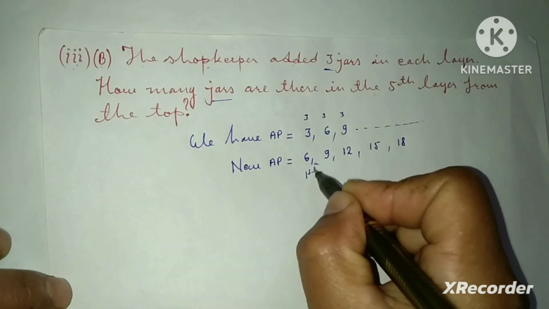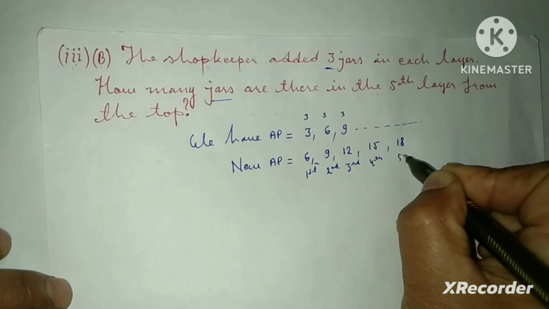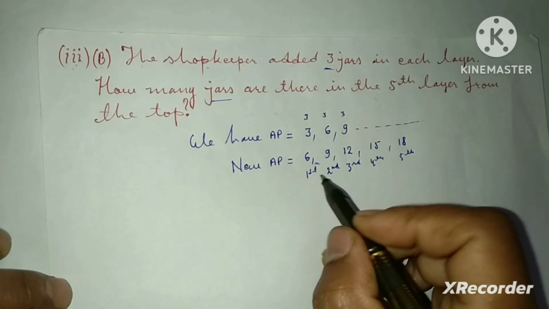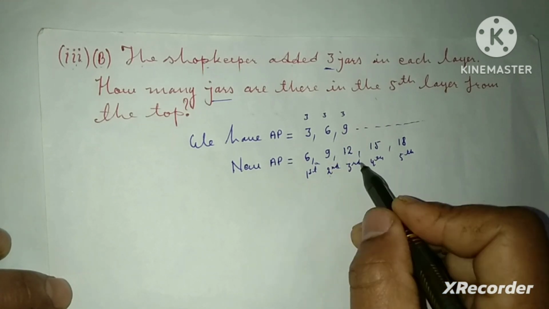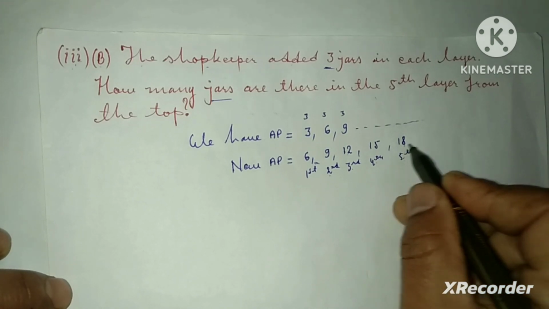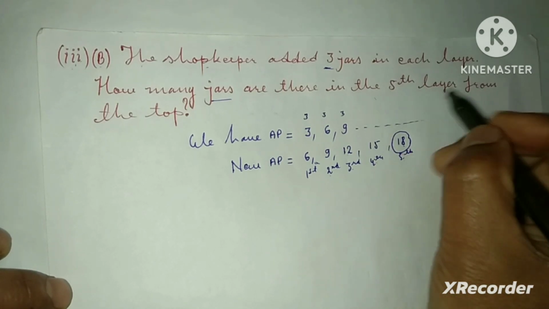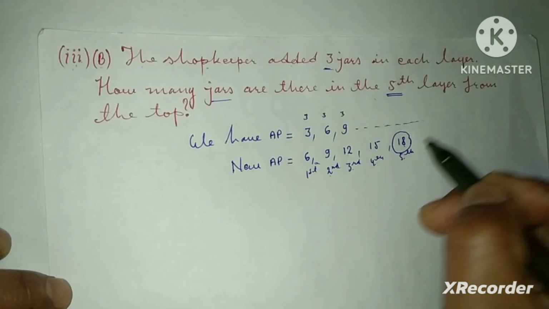So this is the first layer, second, third, fourth, and fifth. In this way, we directly obtain the number of jars in the fifth layer, right?